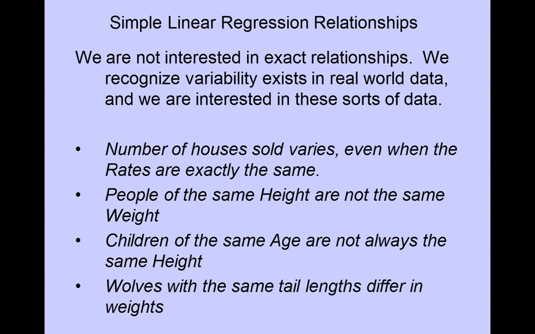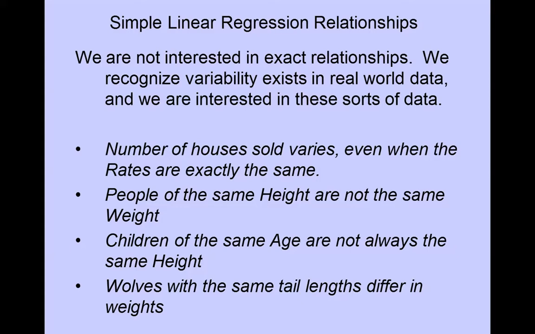Now we are not interested in exact relationships. We recognize that variability exists in real-world data, and we're interested in these sorts of patterns and what we can do to explain some of what's going on. For example, the number of houses that sell during a quarter when the interest rate is the same across those quarters is not always going to be the same.